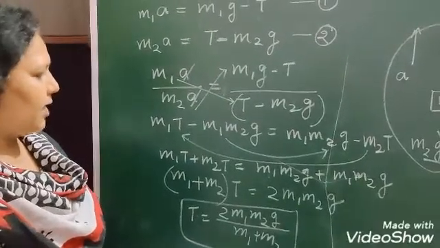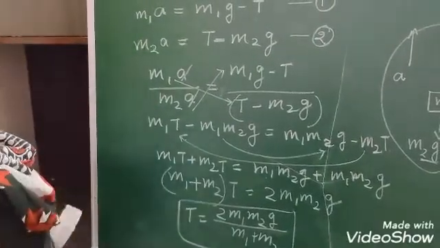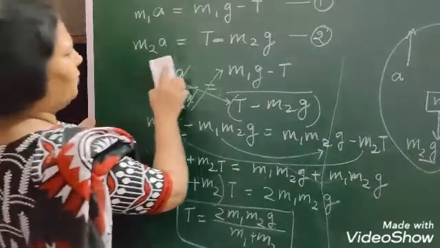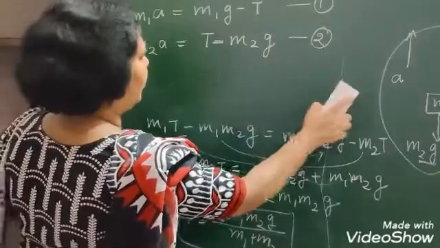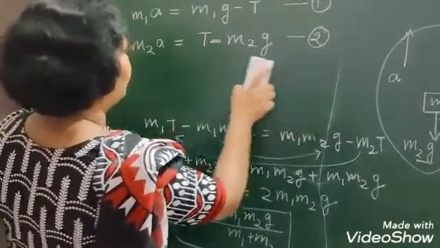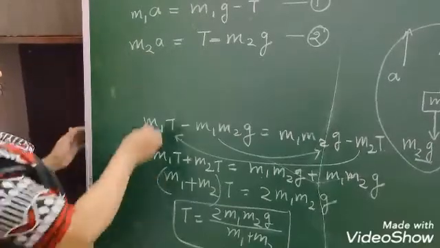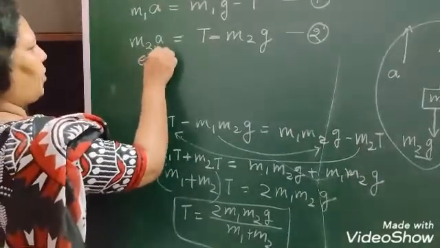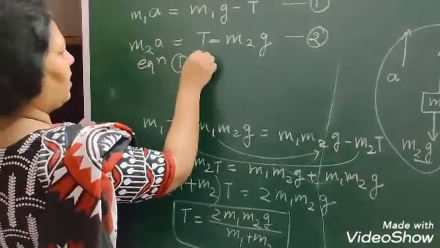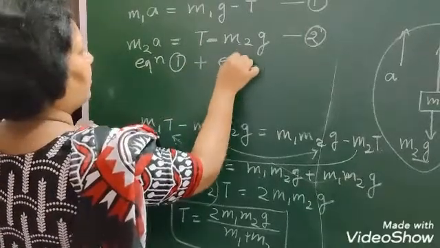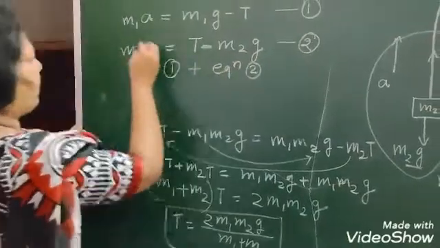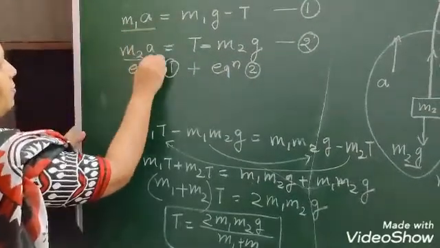To calculate acceleration, again what we will do, we'll just take equation 1 and 2 once again. So this time we will just add equation 1 and 2. So what we are doing here, we are adding equation 1 and equation 2. So we'll find this is m1a and m2a.